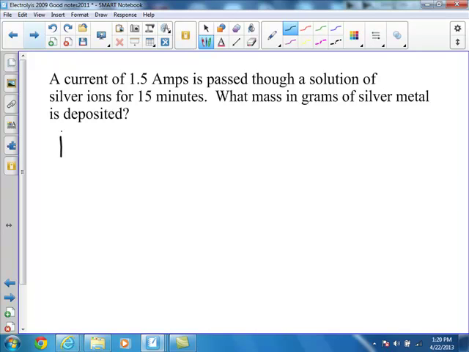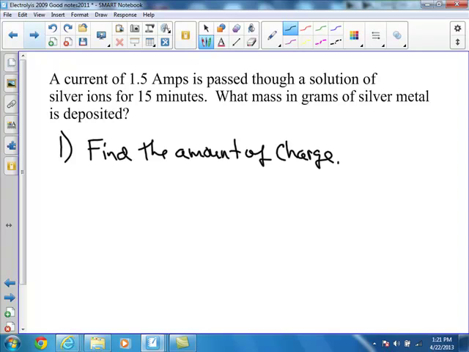There are about 4 steps to solving this. Step number 1 is to find the amount of charge that you're actually dealing with. Here we use the current equation: current is charge divided by time.